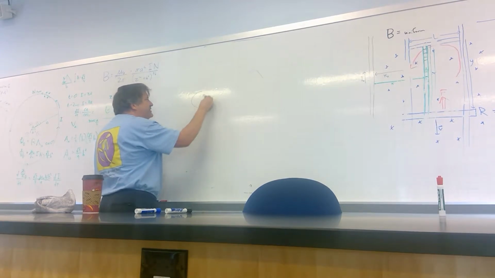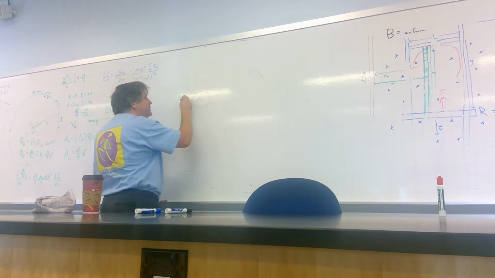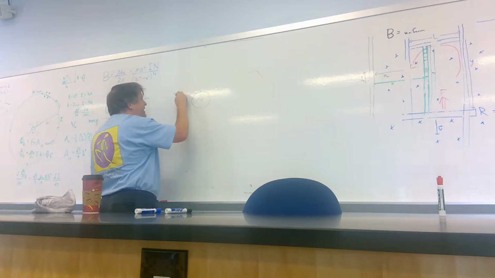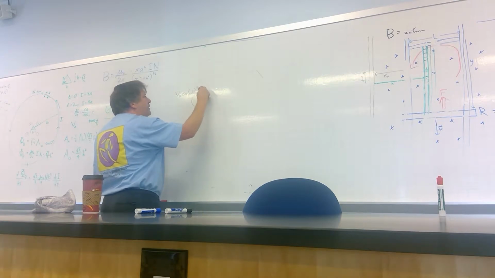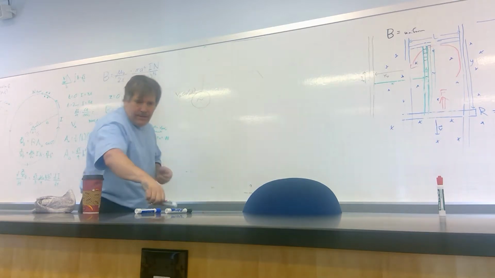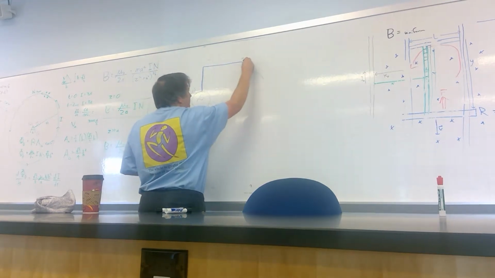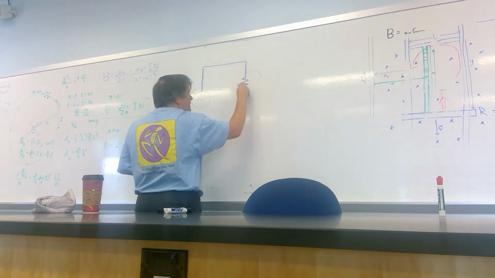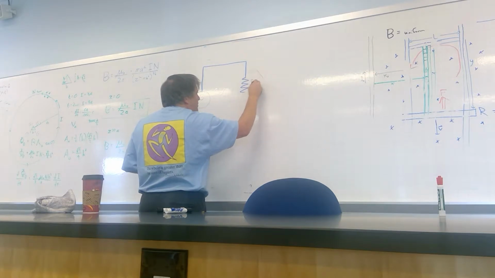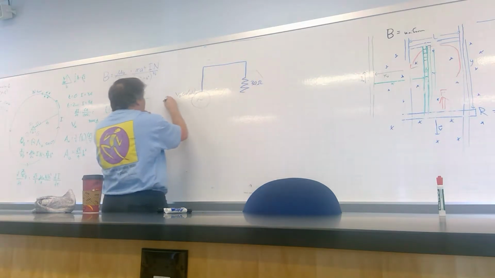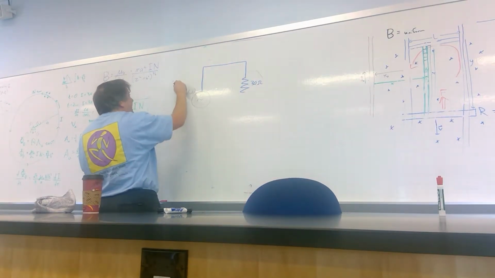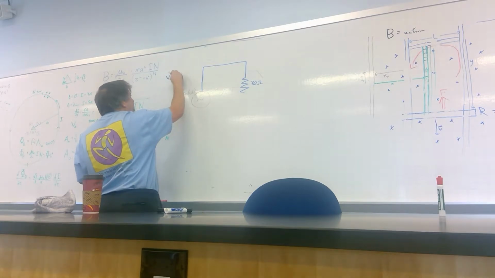It'll give you an AC source, so it's got amplitude V naught, and it's got frequency omega. Yes, pictures. And try this. Got a 30 ohm resistor, and we'll say that V naught is 90 volts.